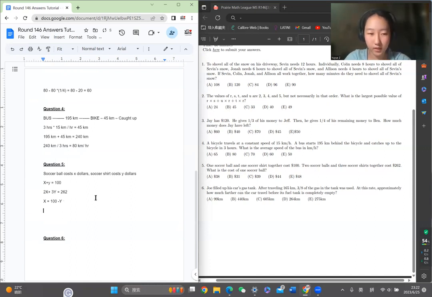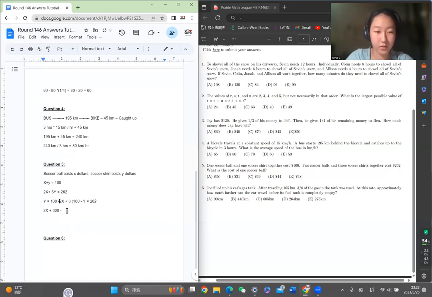Again, we substitute it in. So 2X plus 3 times (100 minus X) equals 262. Error here.